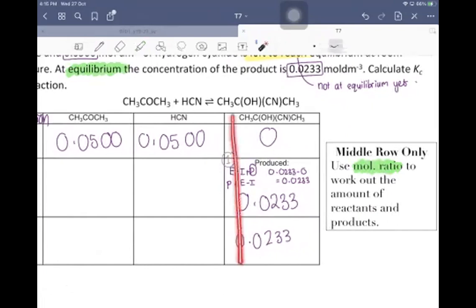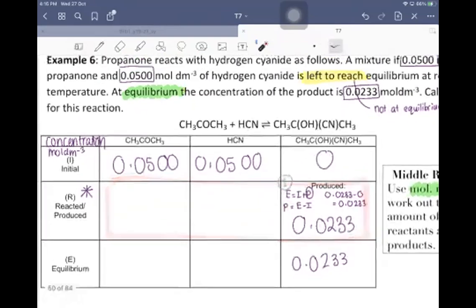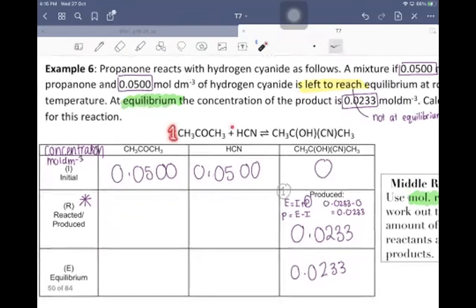You usually work out your initial, reacted, and equilibrium values for each species by itself. But the special thing about the reacted and produced row is that if you know the mole ratio, you can work out this middle row.